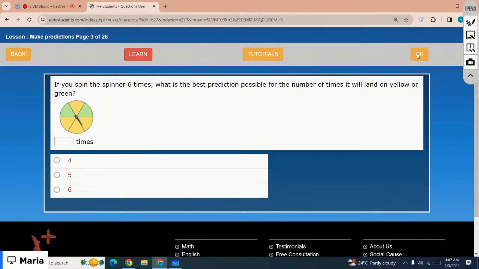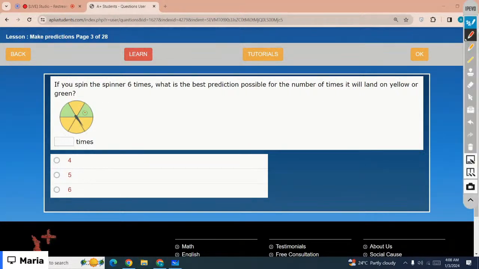If you spin the spinner 6 times, what is the best prediction possible for the number of times it will land on yellow or green, right? So you have total 6 options out of 6. The spinner has total 1, 2, 3, 4, 5, 6 portions.